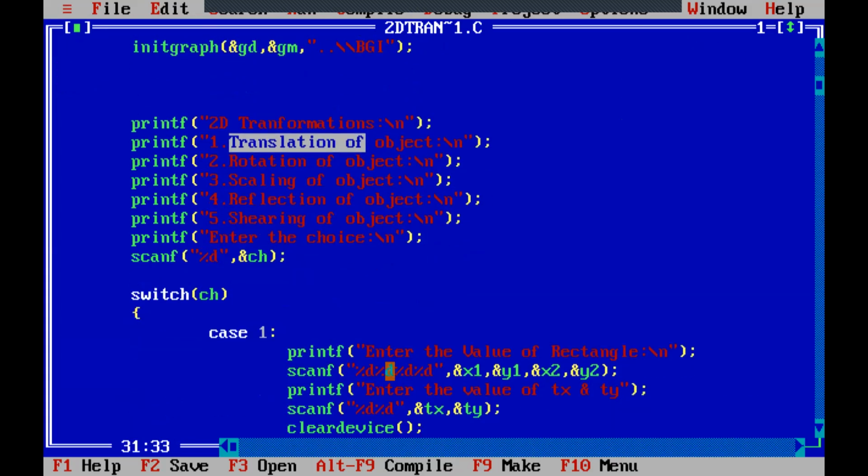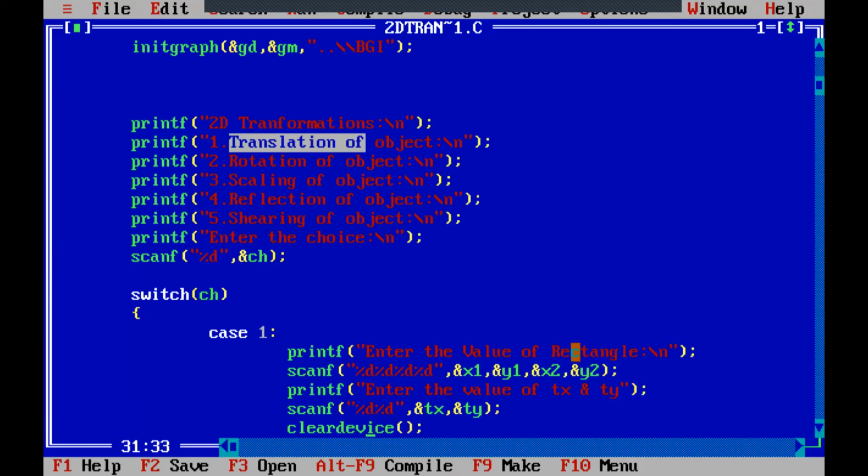In switch case number 1, which is translation, I am going to accept the values for the rectangle. So the rectangle is considered as a 2D object on which I will be doing the translation process. Here x1, y1 and x2, y2 are accepted as the rectangle parameters. It is nothing but the left, top, right and bottom boundary. All of us know how to draw the rectangle.